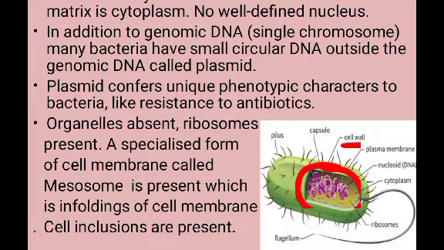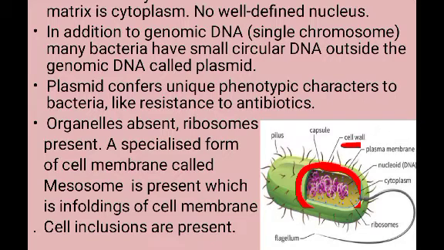Why do we call it the genomic DNA? It controls all the characteristics of that prokaryotic cell. That's why it is called the genomic DNA. It contains the genes that control all the characters. So a genomic DNA is present in the single chromosome.